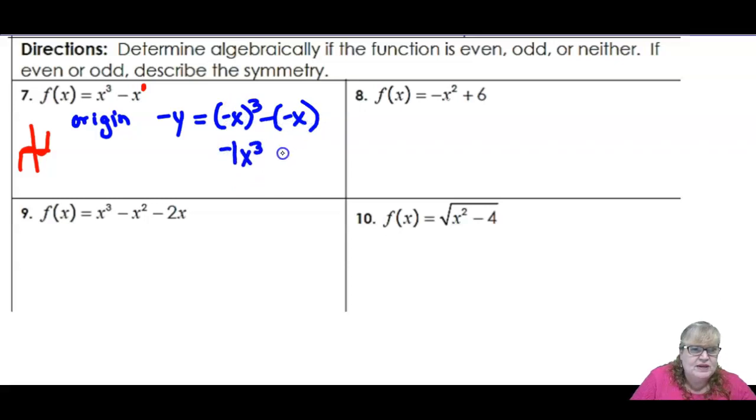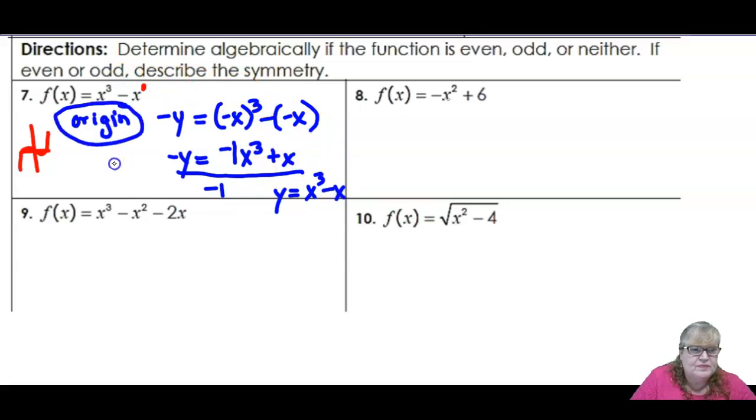And the opposite back here becomes plus x, and we still have a negative over here. Then if we divide everything through by -1, it becomes y equals positive x cubed and negative x. So it does go back to what we started with. So it has origin symmetry. I don't really want to prove that it doesn't have either of the other two. Are we good with that?